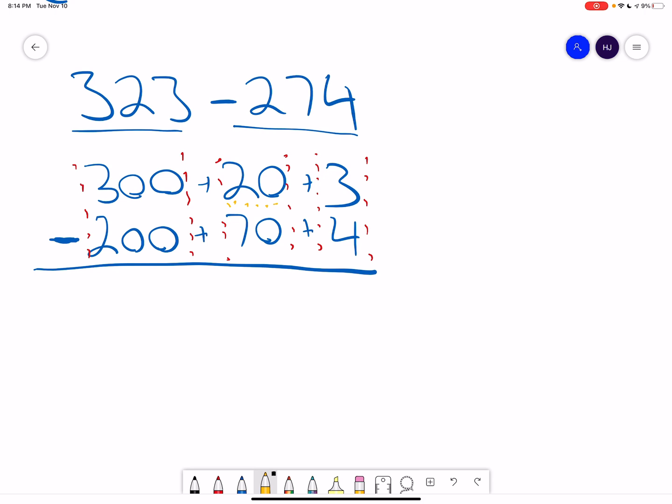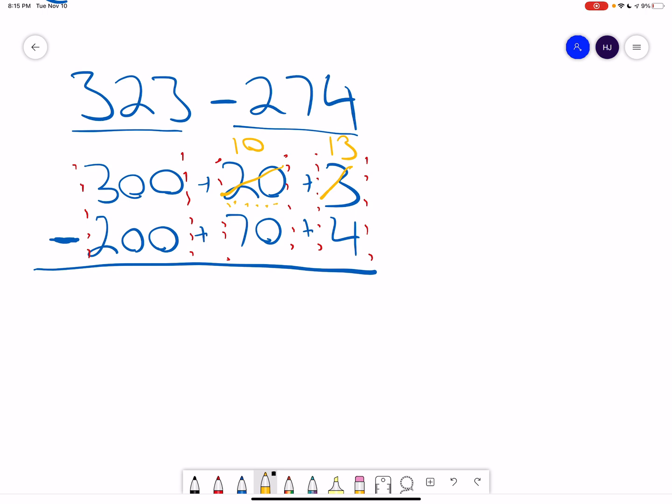So, we're going to mark out that 20. We're going to take a 10 from the 20, so that's going to give us 1 ten left, right? We had 2 tens, we took a 10, and then this is going to change to 13, right? Because we're going to take that 10 and we're going to break it up into singles, right? So now we have 13 ones.